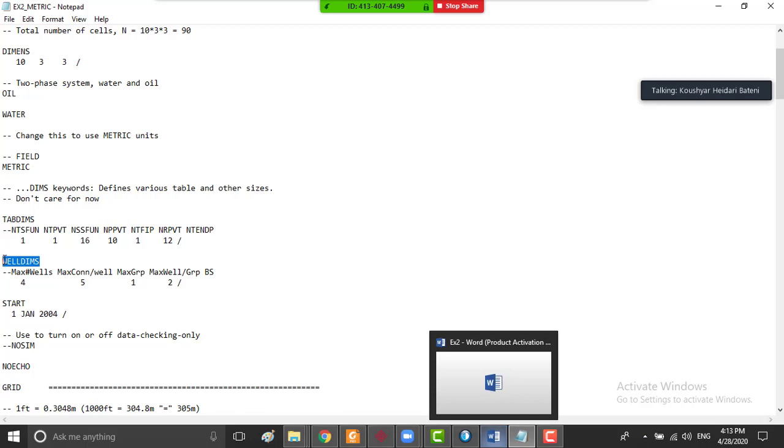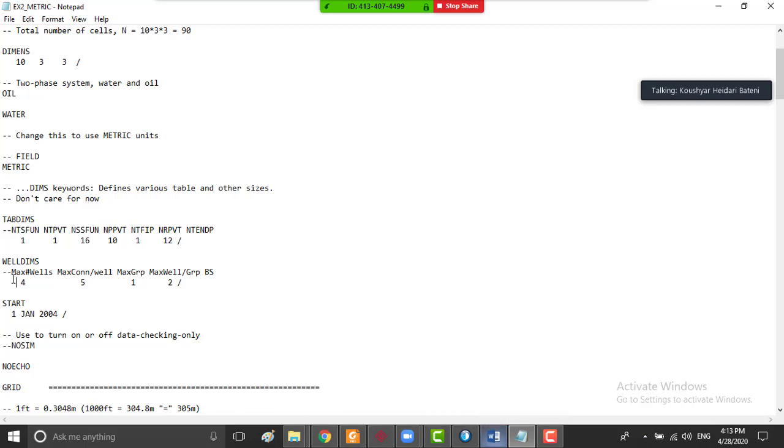You just have to pay attention that the data that you enter in the first field is the maximum number of wells. So if your model has 10 wells, then the maximum number of wells specified here should be bigger than 10.